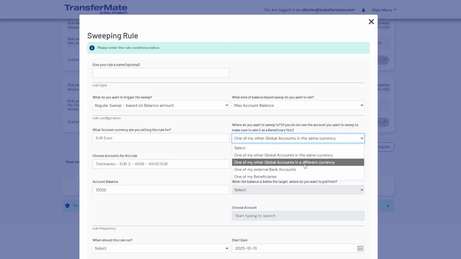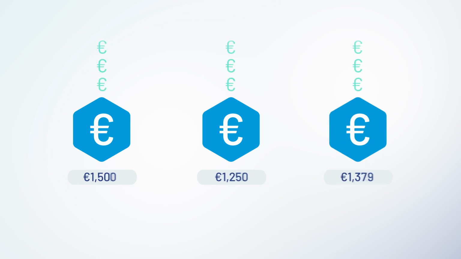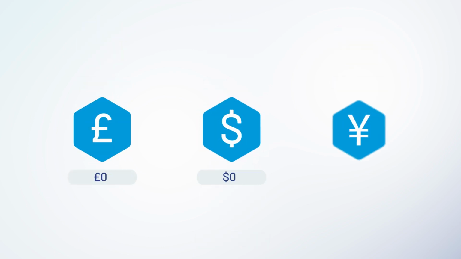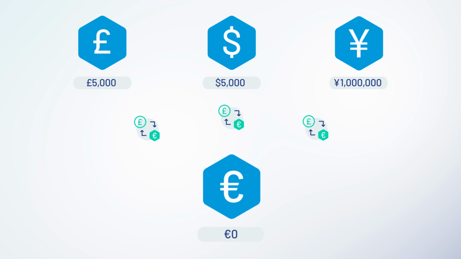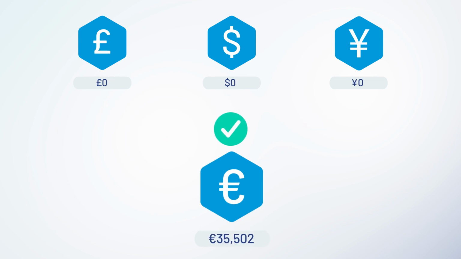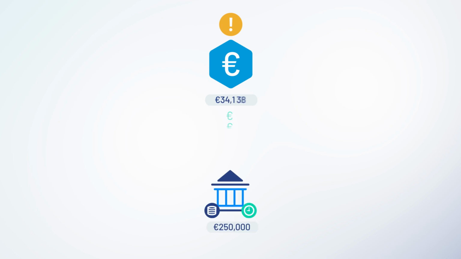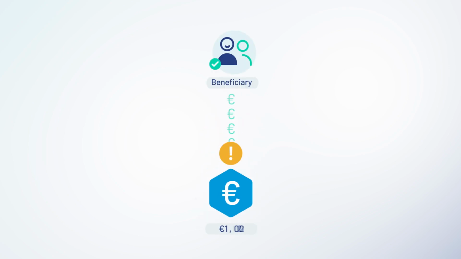All of these provide use cases, such as consolidating funds received from multiple euro accounts into a master euro account, converting funds from multi-currency accounts to a master single currency account, drawing down funds to your local bank account, or paying beneficiaries from accounts automatically.